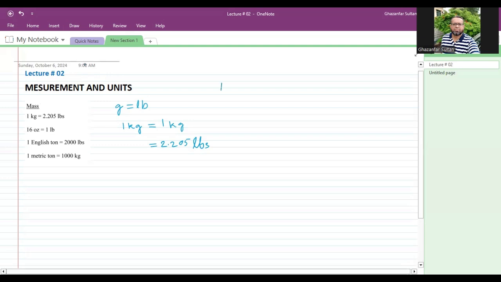How? See, 1 kilogram is equal to k, k stands for 1,000, kilo. So it is 1,000 gram. So what is the relationship between 1 gram and the pound?